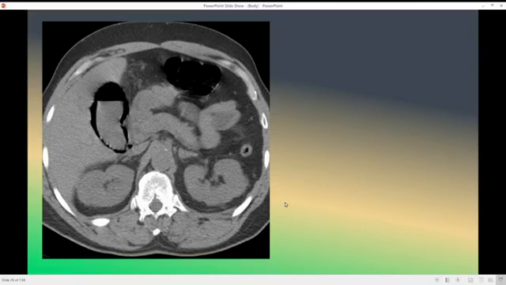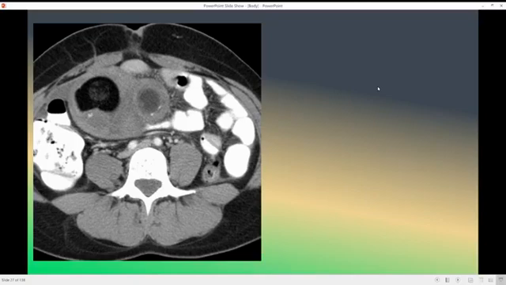What do you think the patient has? Okay, we receive some answers here. The patient has emphysematous cholecystitis. We move to the next case.